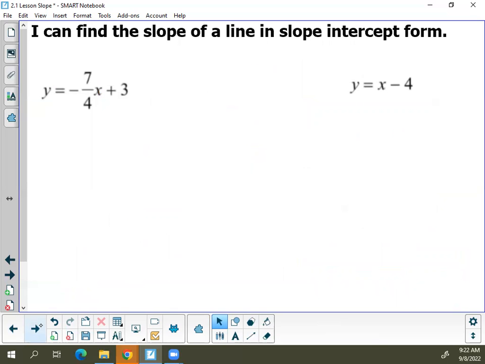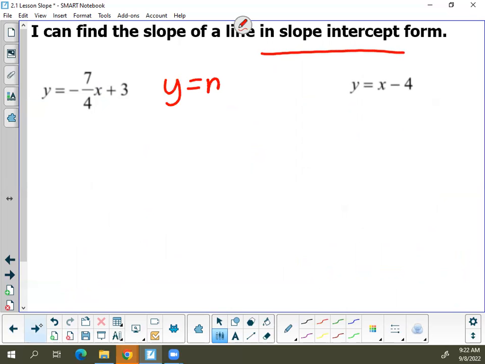The last way we can find slope, so we have slope between 2 points by giving the coordinates. We can find the slope between 2 points by having the actual graph of the line, or we can have the equation of the line. Here we have our equation in slope-intercept form. That means it's in this form, where y is all by itself.